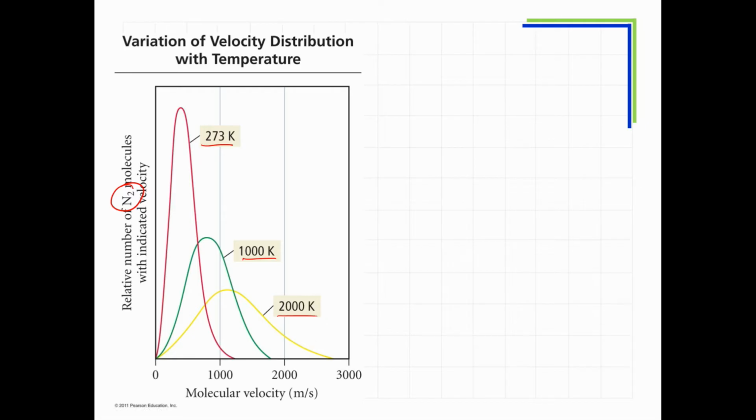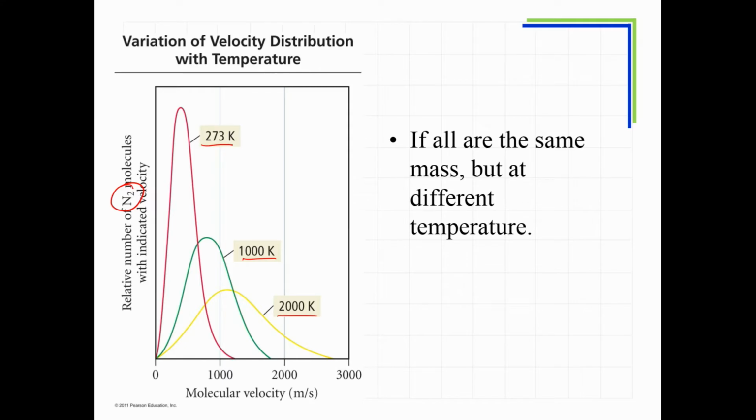They are changing their kinetic energy, but it's the same molecule, so their masses are not changing. They all have the same mass because they're all nitrogen, but if they're at different temperatures, then it has to be, and we'll once again write our equation.